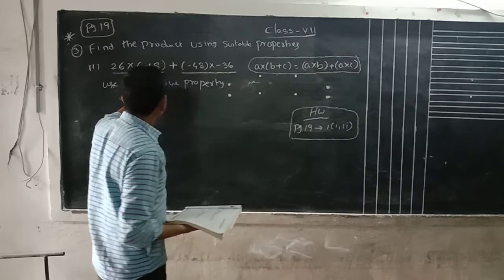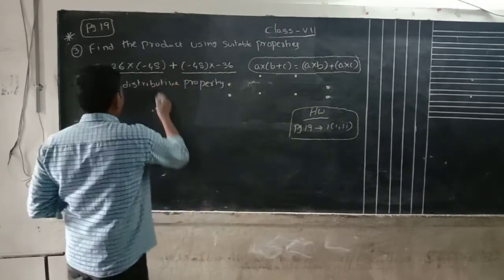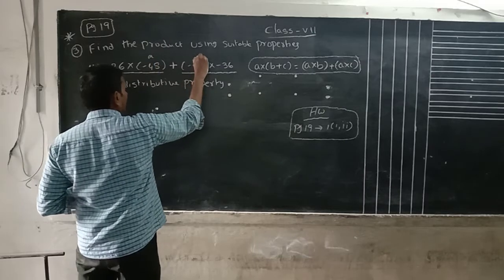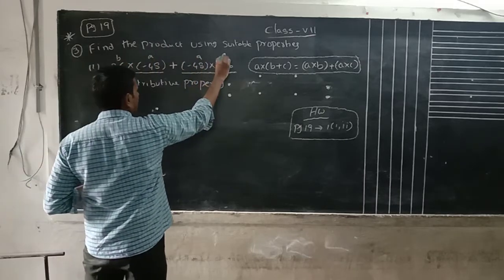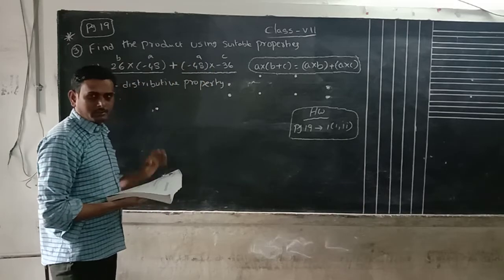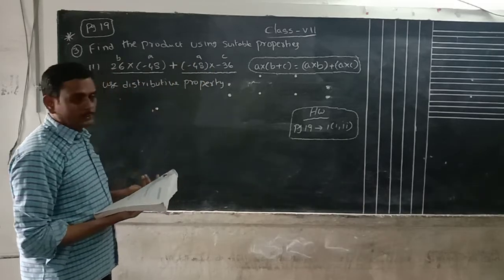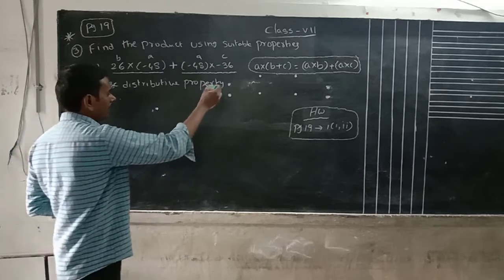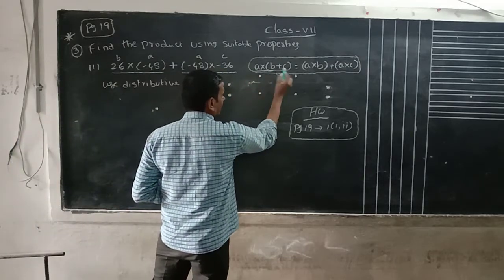See here, minus 48 is common there. That is taken as A, this is B, this is C. A into B plus A into C forms here. Reversely, we have to convert this form into that form.